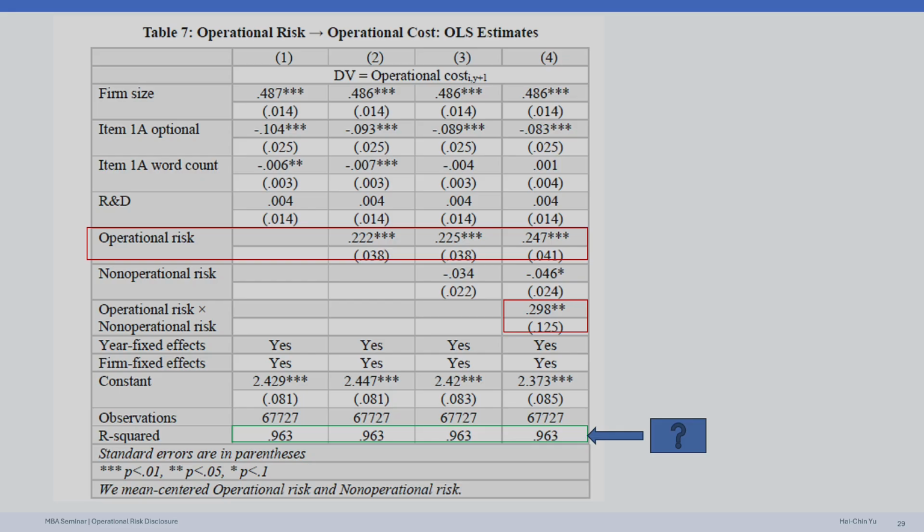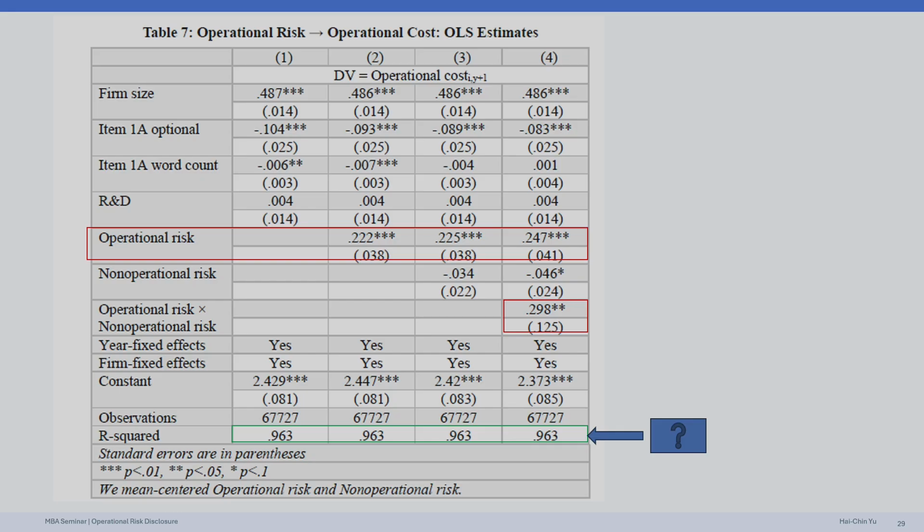And the interaction has an even bigger coefficient, 0.247. Here is 0.298. So it amplifies the impact. If you already have operational risk positively related to cost, no matter what your non-operational risk is, higher risk has larger coefficients, right?